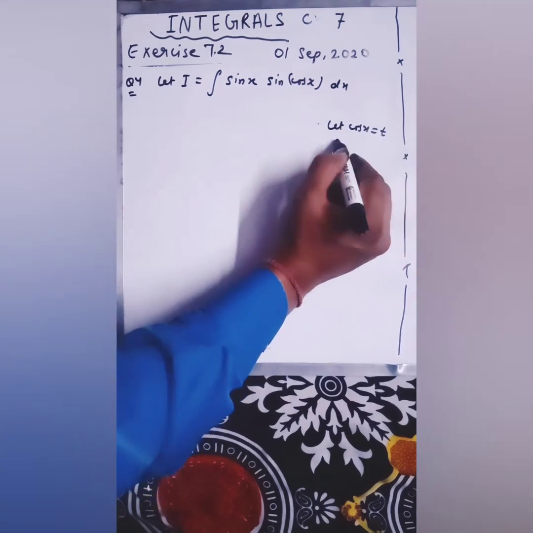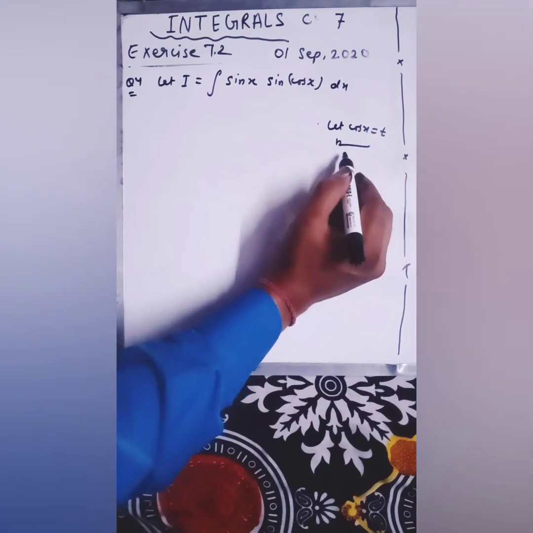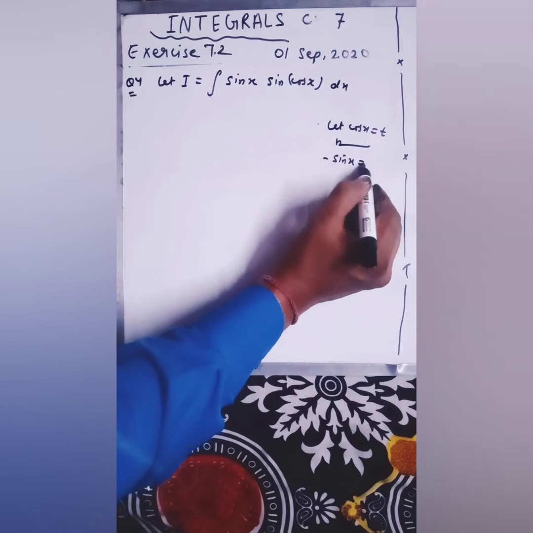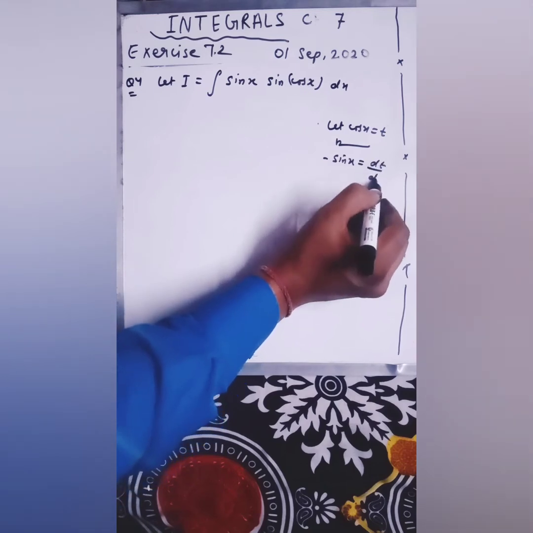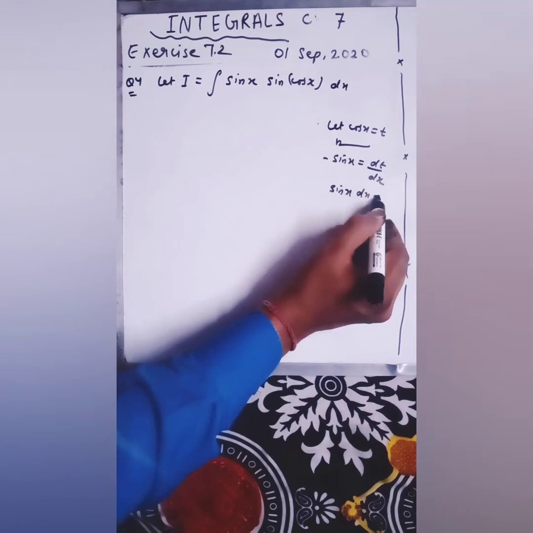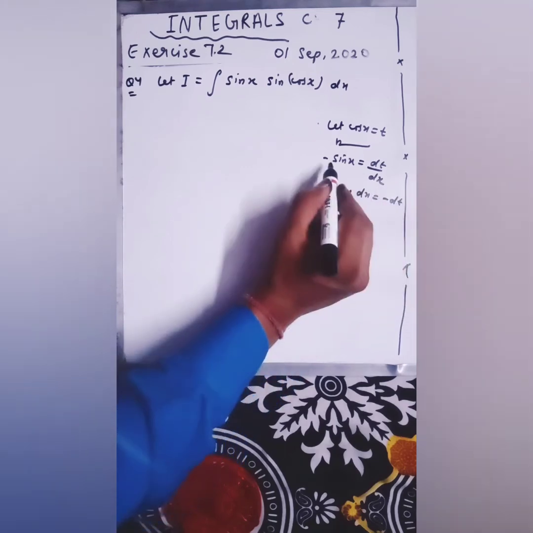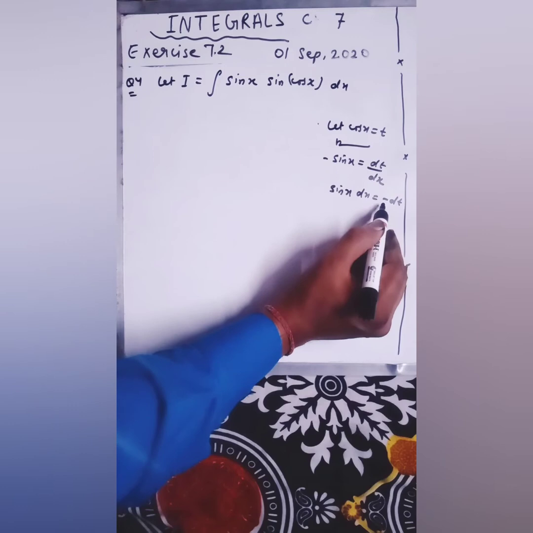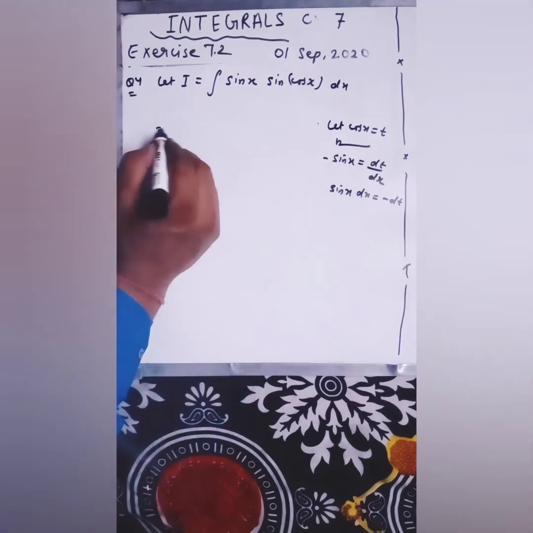Fine, now you have to differentiate both sides with respect to x. So you will get minus sin x equal to dt over dx, and sin x into dx is equal to minus dt. So I'm shifting this minus sign to this side. Okay, so now see how will you convert this.